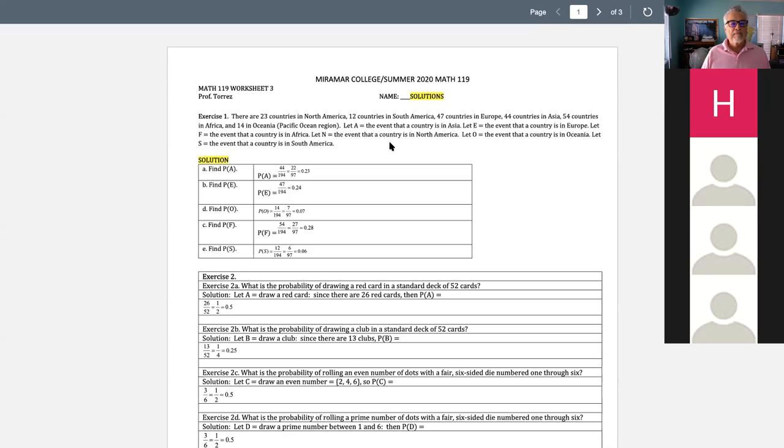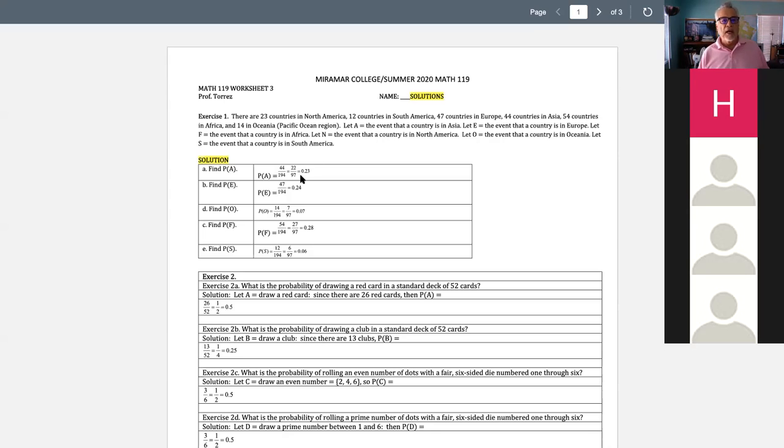Okay. All right. So as I mentioned, the probability of A, that is that if you were to select a country at random, what's the probability that it would be in Asia? Okay. Well, we're told that there are 44 countries in Asia. So we take the relative frequency, don't we? So all we do is simply take the ratio of 44 to the total number of countries.